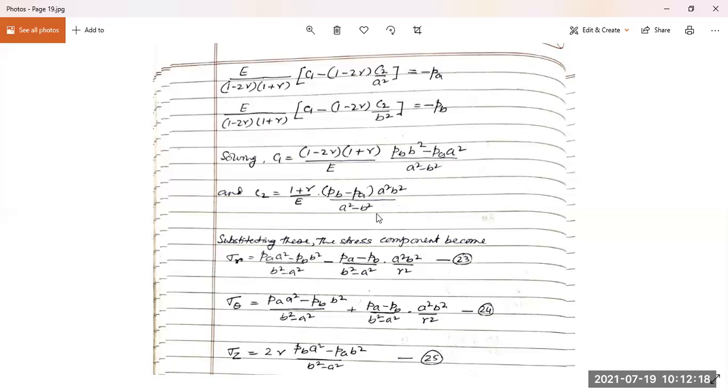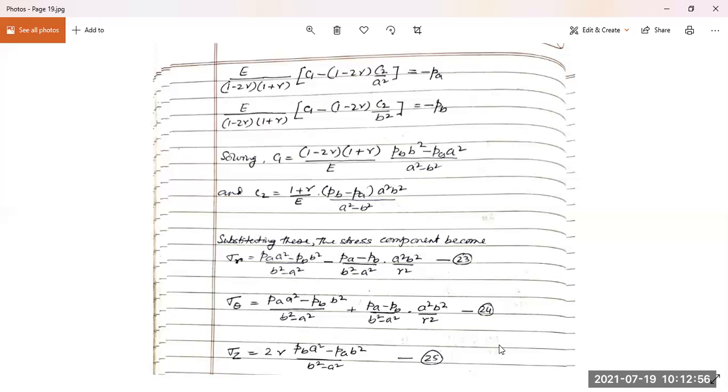So substituting these values of C1 and C2 in the equation, sigma r will become this expression, and sigma theta will become this. If we add them together for sigma z, it becomes 2 into gamma into (PA a square minus PB b square) by (b square minus a square).